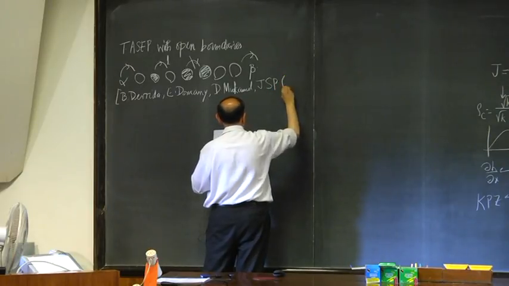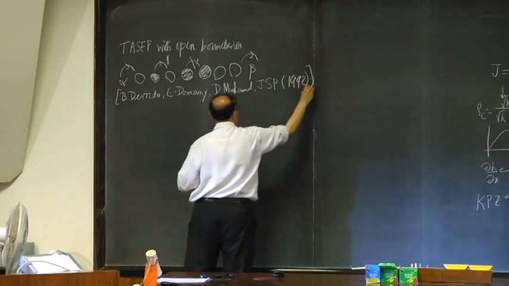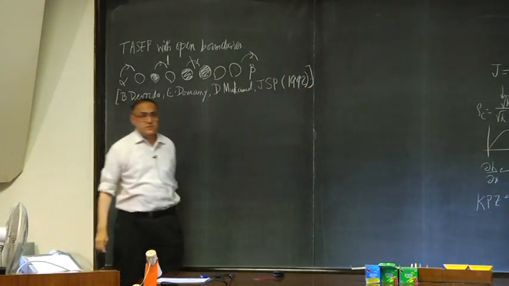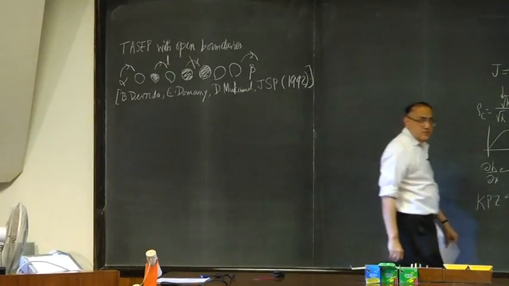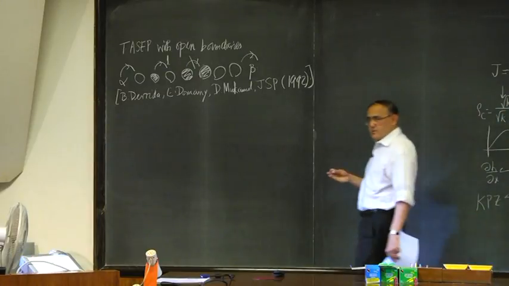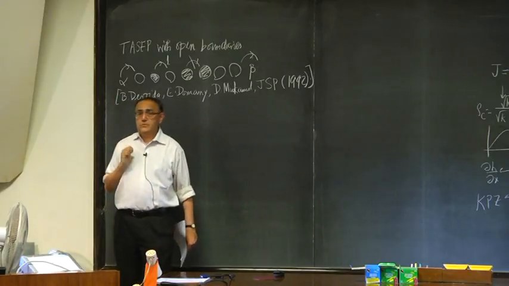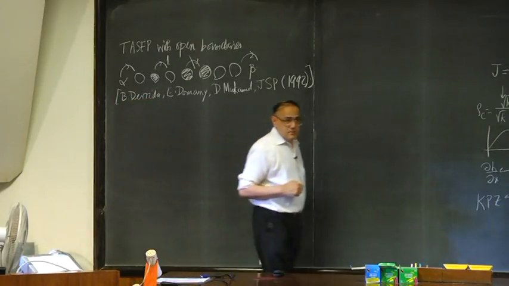Again, let me not give you the precise reference, 1992. And they've done a couple of things in the paper. One is they've solved the problem exactly. We will not attempt to do that here. We could, but it will take time, and we don't have time. Instead, we will adopt an approximation.